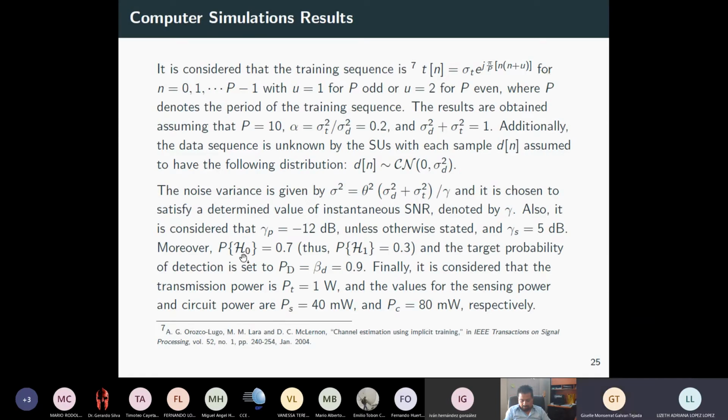These are some of the parameters used in the simulations, and I'm going to specify some of them. For example, we consider a probability of detection of 0.9.